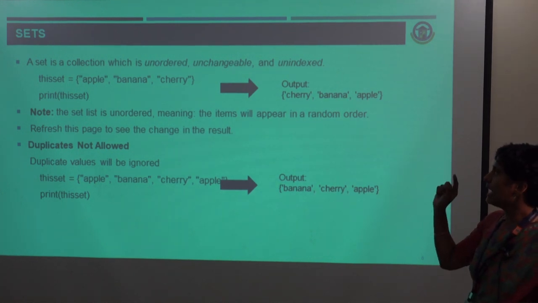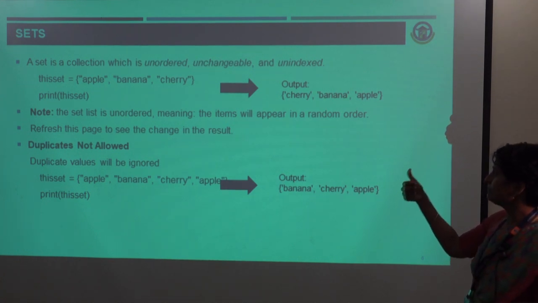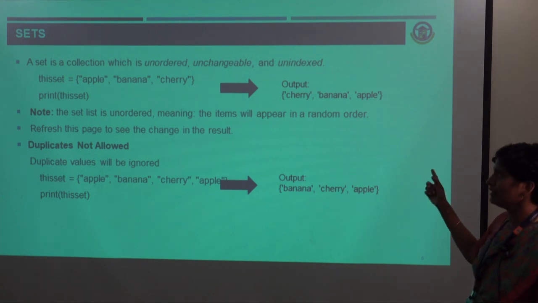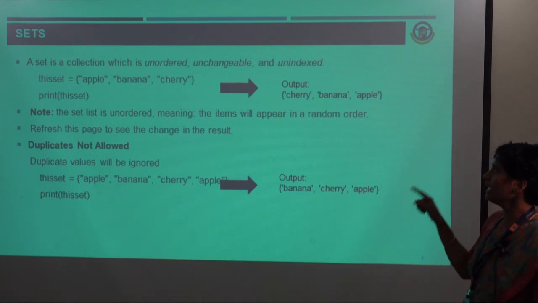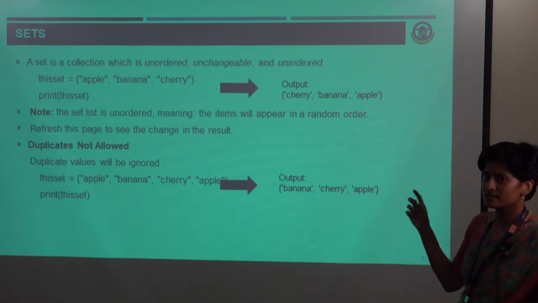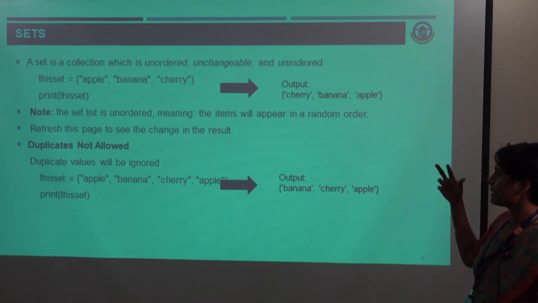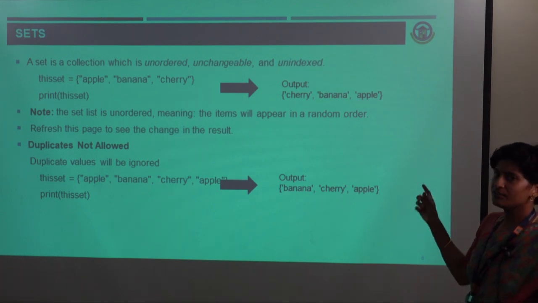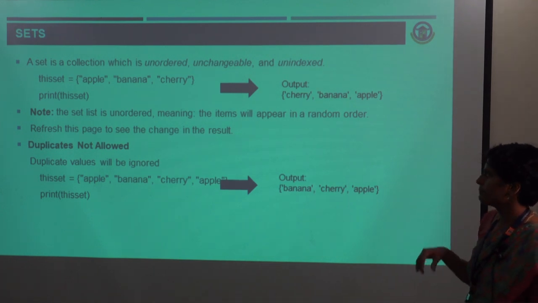When we run it for the first time, it will print cherry, banana, apple. If we run the same code again, it will reshuffle the items inside the set and print banana, apple, cherry.